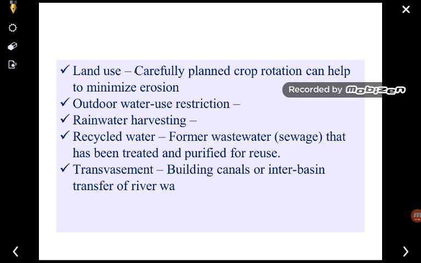Next is outdoor water use restriction. जब हम आउटडोर वाटर में यूज करते हैं तो there we have to maintain certain restrictions. कौन कौन से रेस्ट्रिक्शन होंगे? तो रेगुलेटिंग, this can be achieved by means of regulating the use of sprinklers for the outdoor plants. So here how we can maintain by means of what, outdoor water use restriction. This can be gained by means of using the sprinklers.